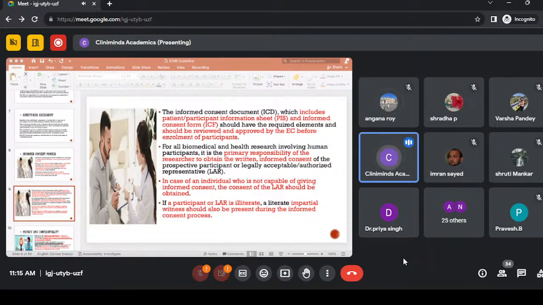If we are doing the trial for children, then their parents will act as LAR. If the parents are quite old and not capable enough to take the decision, then who will be the LAR in that case? Their children.